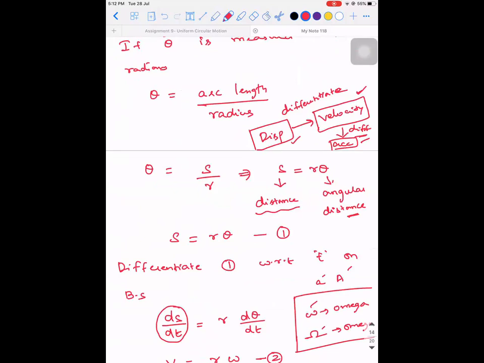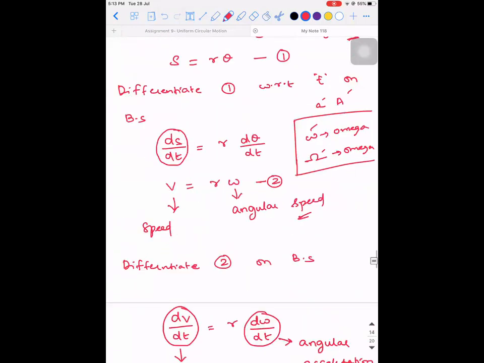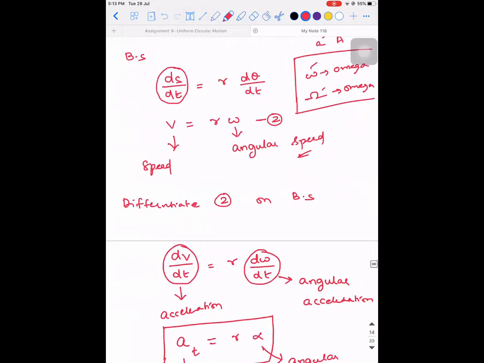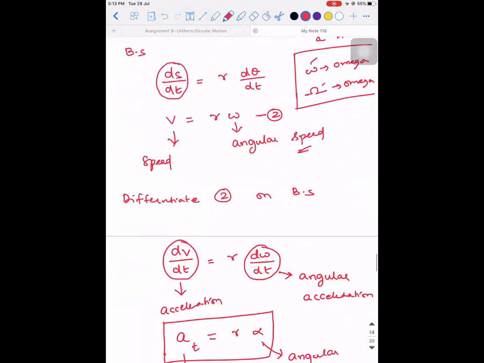I've written here, no? Radius means r. Sir, can I go down, sir? Yeah. Yes, sir, enough. Still down? No, sir, enough, sir.